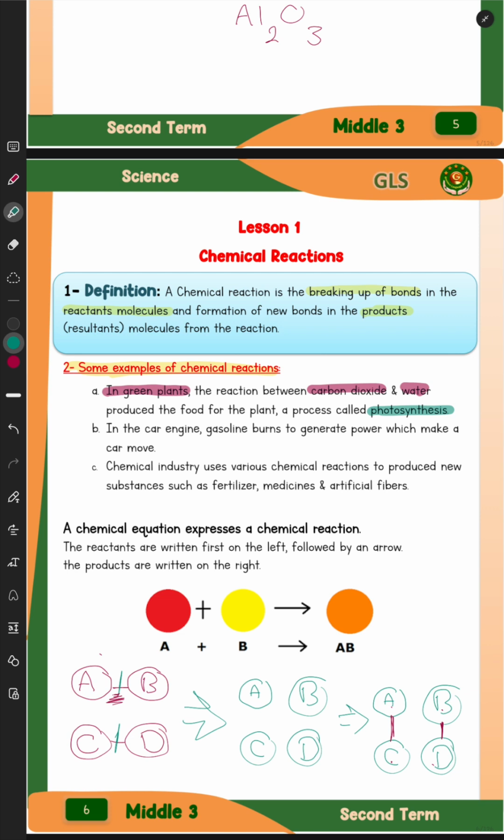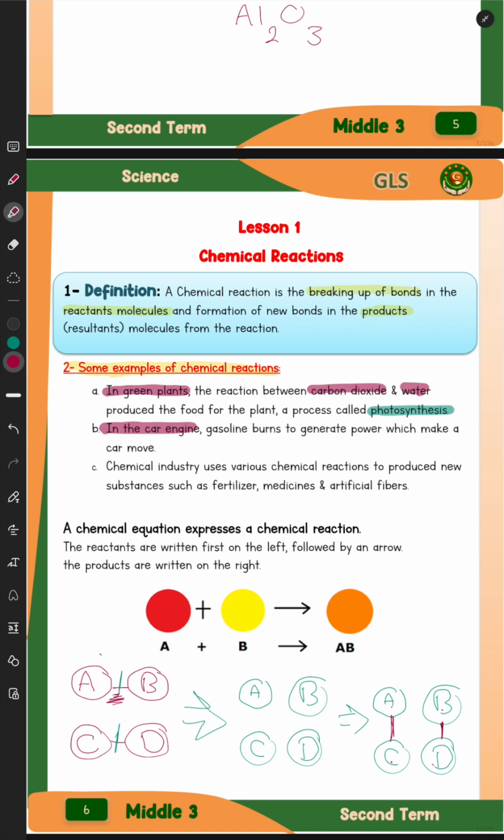So number one, in green plants, mixing carbon dioxide with water produces plant food by the photosynthesis process. Number two, in the car engine, of course, we know the car engine uses gasoline. The car engine burns the gasoline to change the chemical energy inside the gasoline to thermal energy, which generates power, which makes the car move. This is a chemical reaction.